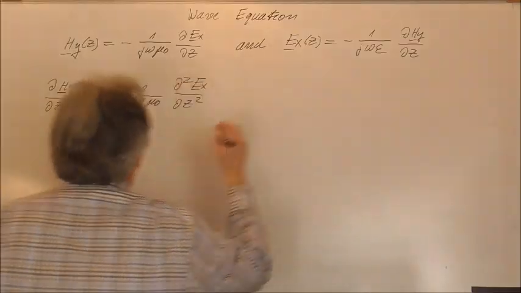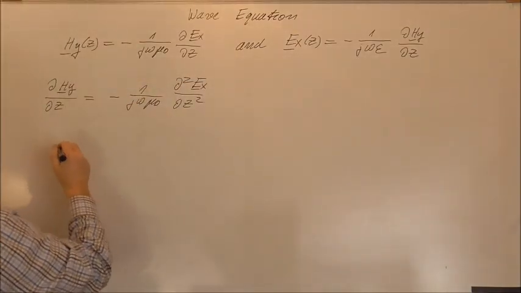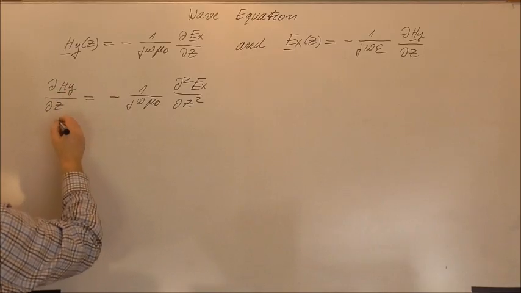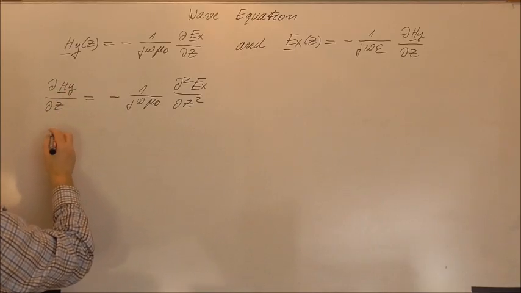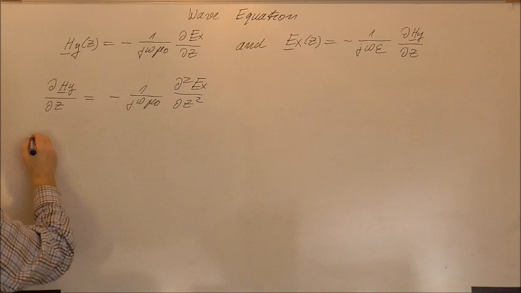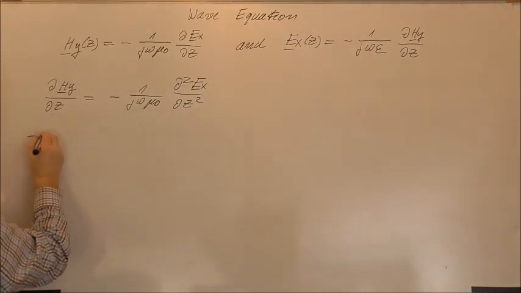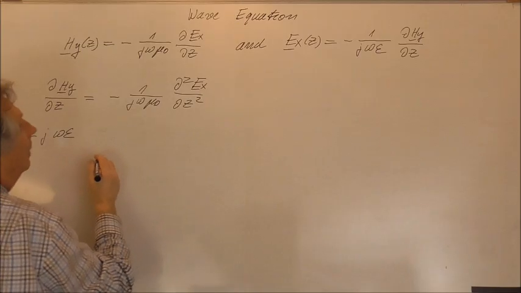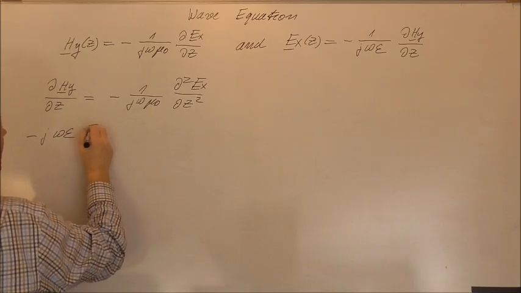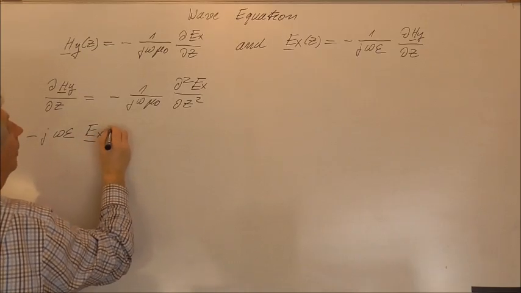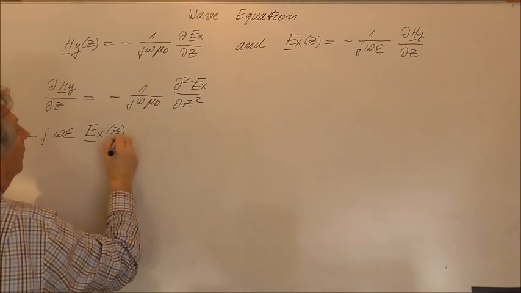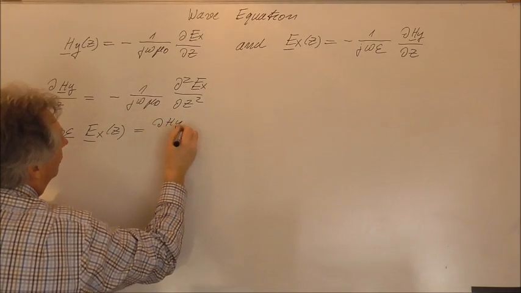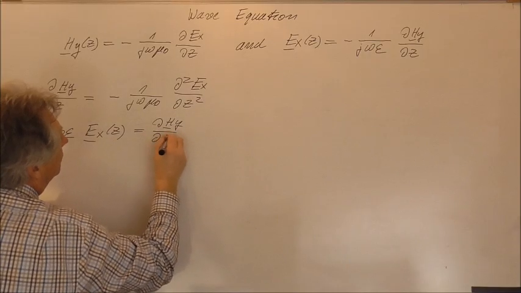So you see here, I would have that the derivative of Hy will be equal to minus j omega epsilon times Ex of z. This is equal to the derivative of Ey with respect to z.